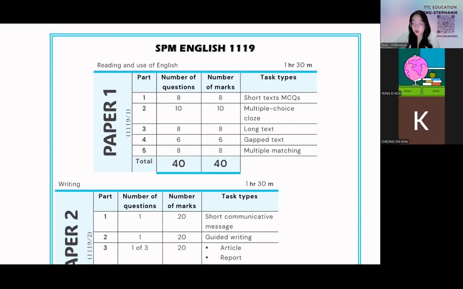However, you no longer go with error correction for the second one. There will be multiple choice cloze. The third and fourth will no longer be short answers or information transfer. We change to long text and gap text, and then the fifth part is multiple matching. The comprehension part is still similar, just slightly harder in terms of the questions. Later, if possible, we will look into it.